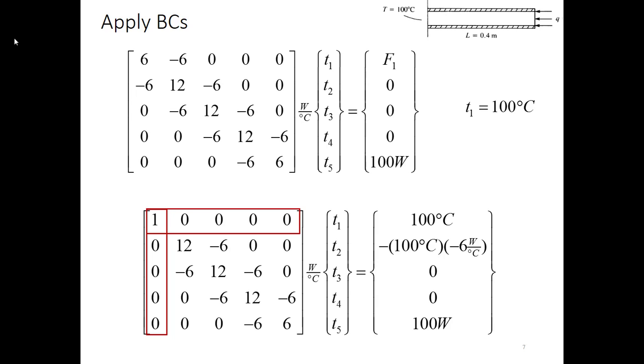This is because I didn't want to change numerically what the second row represents. So the multiplication of T1 times a negative 6, I moved over to the right-hand side. So now I have a 0 on the left-hand side, and on the right-hand side, I'm going to have 600 watts as an applied load that represents what's coming from maintaining the temperature of 100 degrees C.